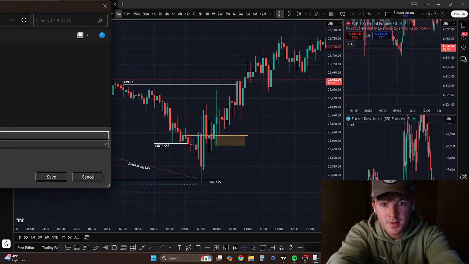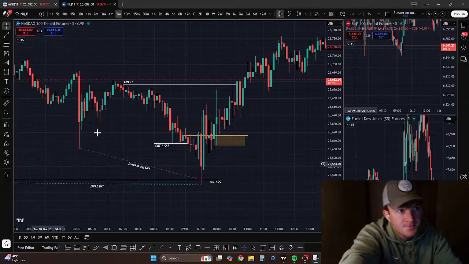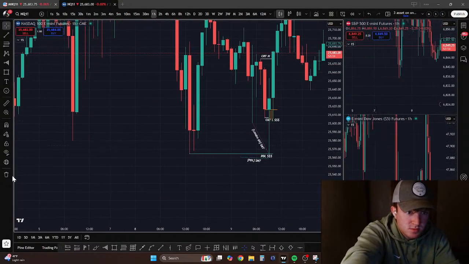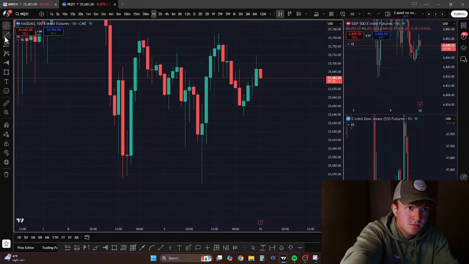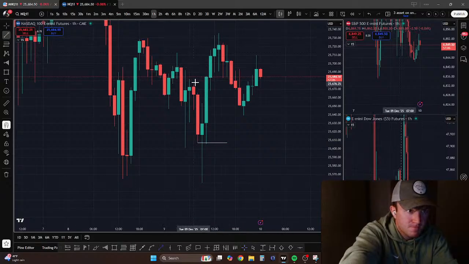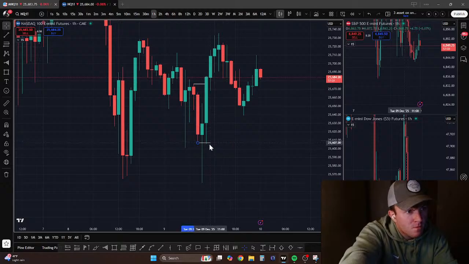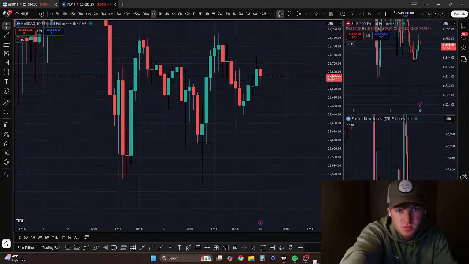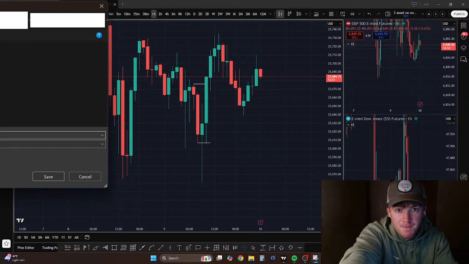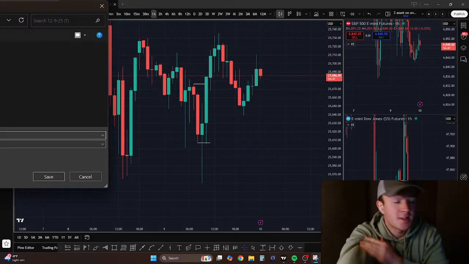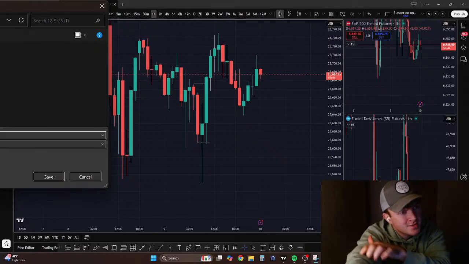So market maker sell model with 1 hour CRT, and here's the 1 hour CRT. Our CRT going into 10 a.m. Using CRT for bias is actually so nice.